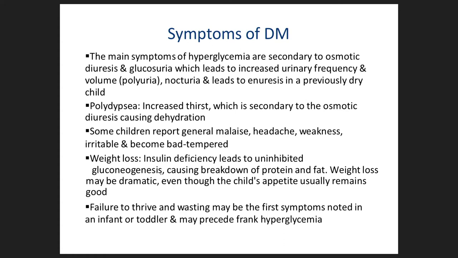As I mentioned earlier, unexplained weight loss is one of the manifestations of diabetes, and in children, the mother might notice that her child is not growing or is losing weight because of diabetes.